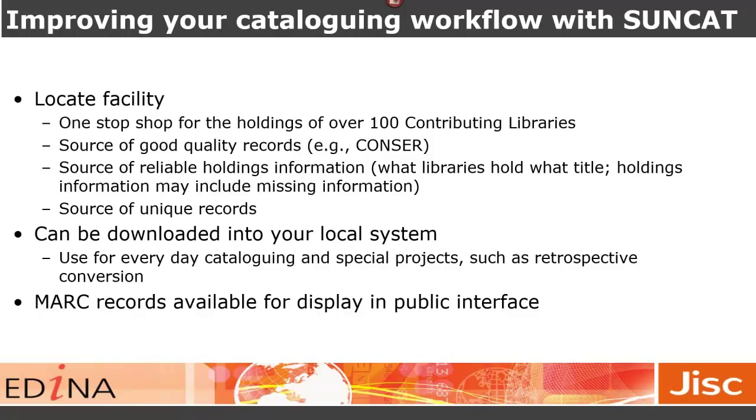So if you view a title in SUNCAT, you can click on the library name to show details of that library, and this includes the address, how to get there, contact details, and the British Library ILL code. The MARC records for each title are also available in the web display if you want to check any details.